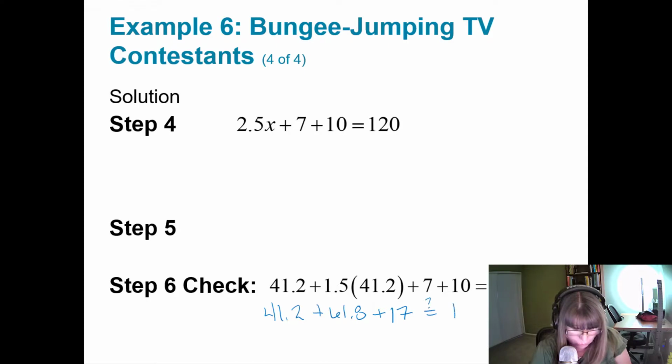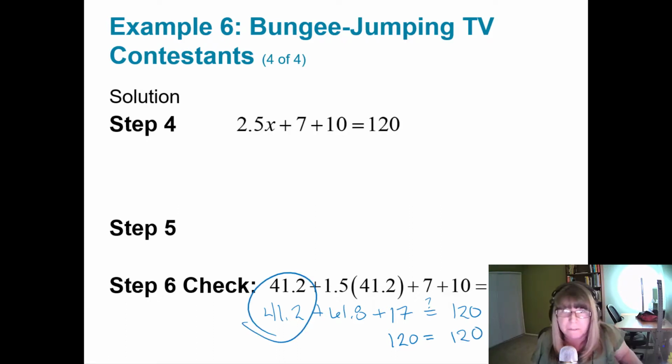Does that equal 120? Remember, I can't go longer than 120. I could go 120. All right, 41.2 plus 61.8 plus 17 is indeed 120. And therefore, my maximum length of bungee is 41.2 feet.